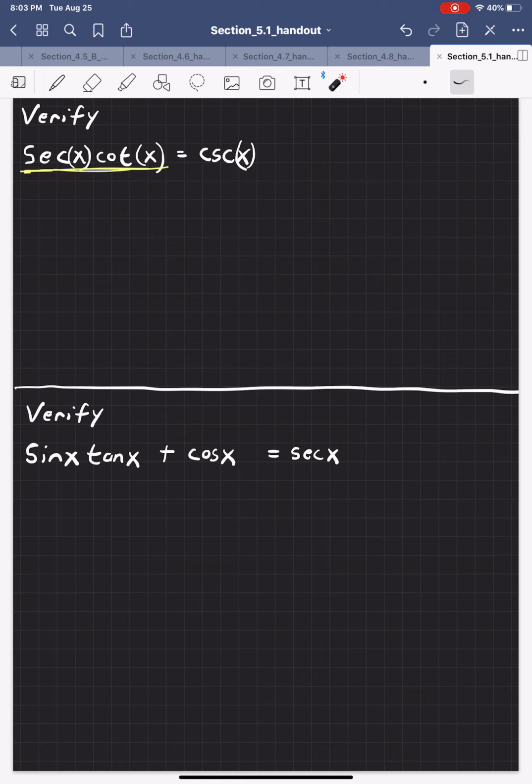Okay, so the next strategy is we're going to use our identities, and I'm going to be calling from your formula sheet. We're going to use some identities to turn everything on this left side into sines or cosines. Hopefully you have your formula sheet out and you can follow along. Secant x is the same thing as 1 over cosine of x. Cotangent of x can be rewritten as cosine of x over sine of x.